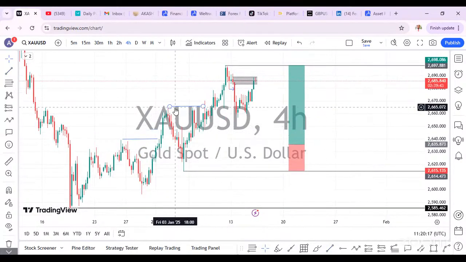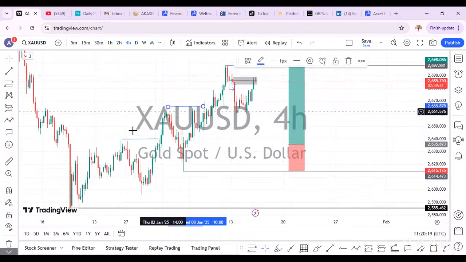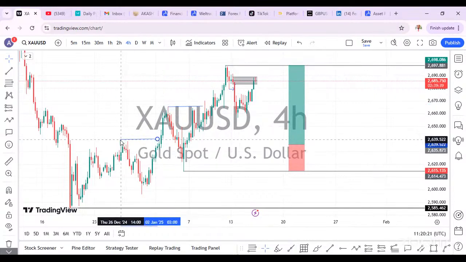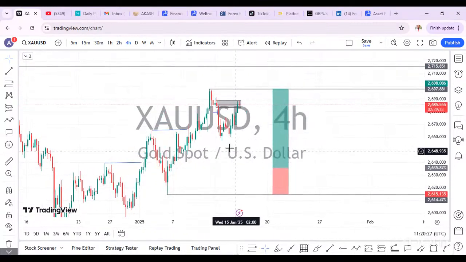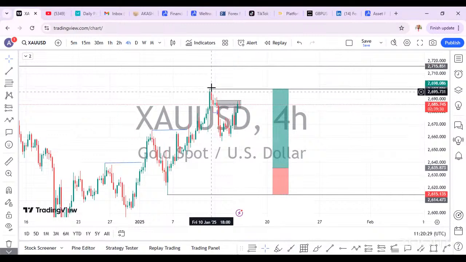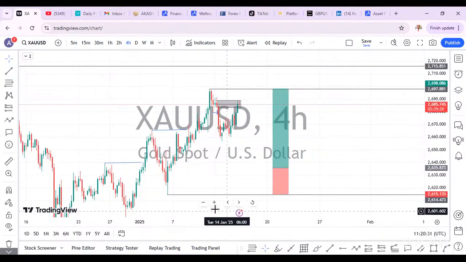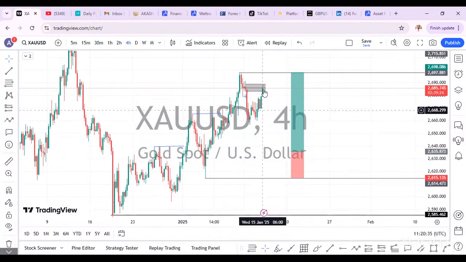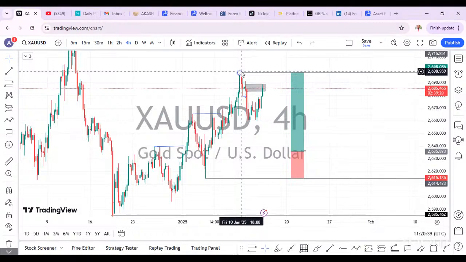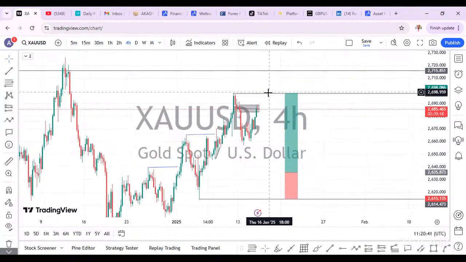Now, this is the last break of structure we have, right? Price came this way, and now it has given us a higher high. So now, where are we? Until price breaks this structure before we have a higher high.